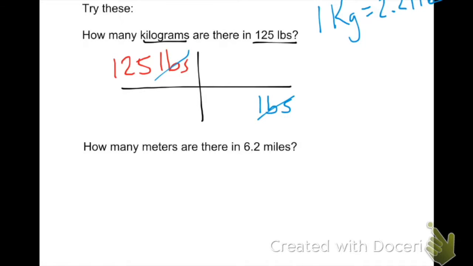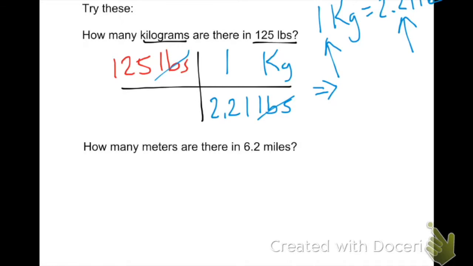We're going to write the unit that we are converting to on top. So kilograms goes on top. And we're going to place the numbers in front of our conversion factors in front of each unit respectively. So we've got a 1 in front of kilograms, and we've got 2.21 in front of pounds.